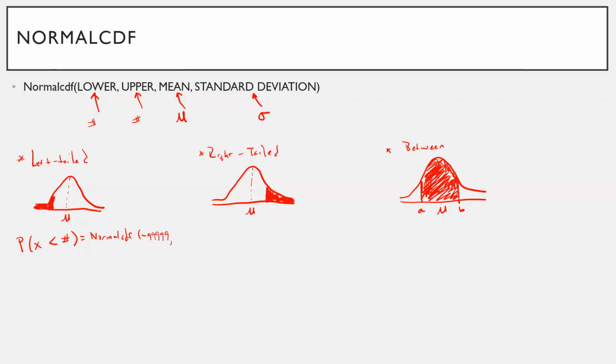For anything that's left-tailed, you put in negative 9999999. Then comma, and then the upper value, so it's going to give all this red shaded area up to whatever the number is. And then you put in the mean and then the standard deviation.